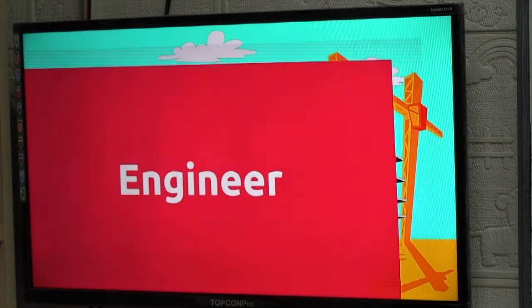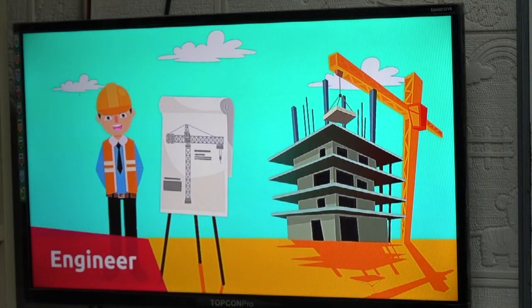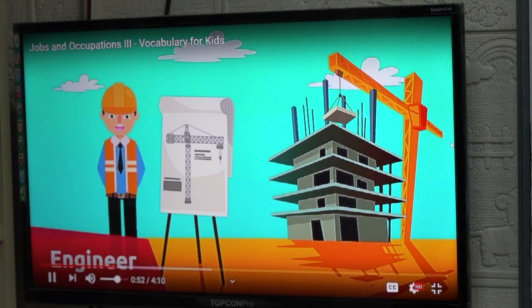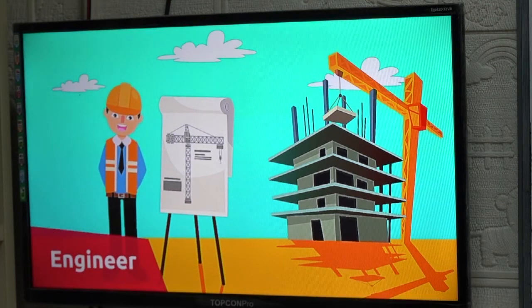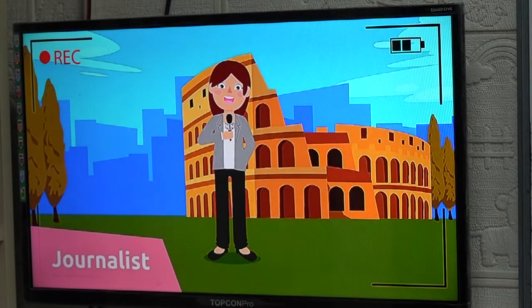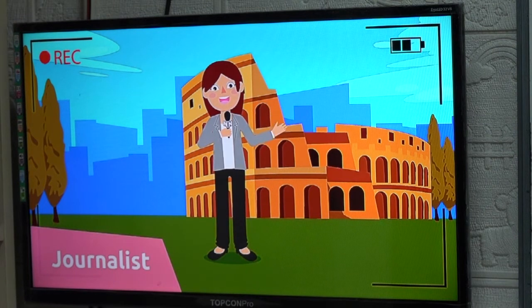Engineer. Engineer. Engineers are in charge of designing solutions like machines, structures, or technology to make our lives easier. Engineer. Engineer. Journalist. Journalist. Journalists investigate and collect information related to what is happening to tell people about it.